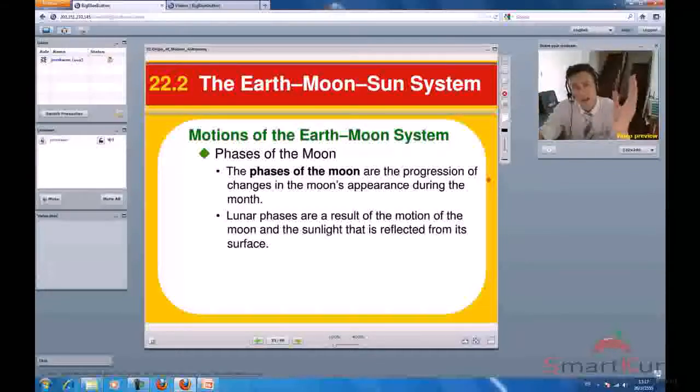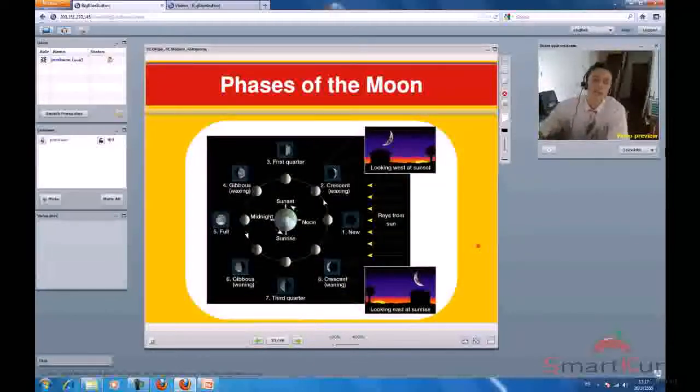Just like the Earth's orbit around the Sun is an ellipse, so is the Moon's orbit around the Earth. And just like perihelion is when the Earth is closest to the Sun, perigee is when the Moon is closest to the Earth. Apogee is when the Moon is farthest from the Earth.